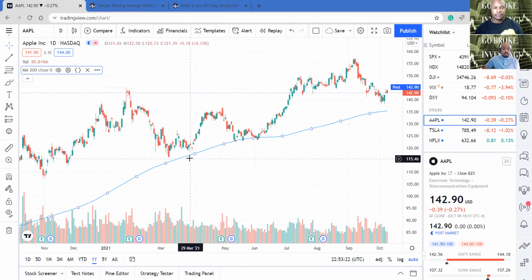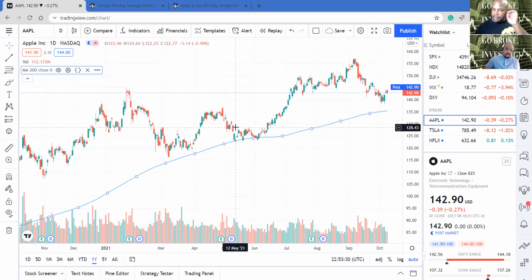So what is the overall point here? The overall point is, if you hop on your phone one day and you see Apple had some bad news, they had a hack or something like that, and you pop open your chart and you see that Apple's trading below your 200-day average, that's a good time to enter and pick it up, because you know over time Apple's just going to come back up.